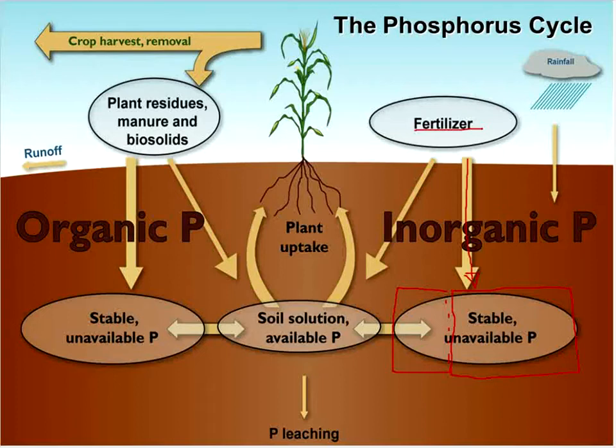And then some of that stable pool shifts over to this plant available pool, which then shifts over to this soil solution pool. So in general, it takes about 8 pounds of phosphorus per acre in order just to increase this pool down here by 1 part per million.